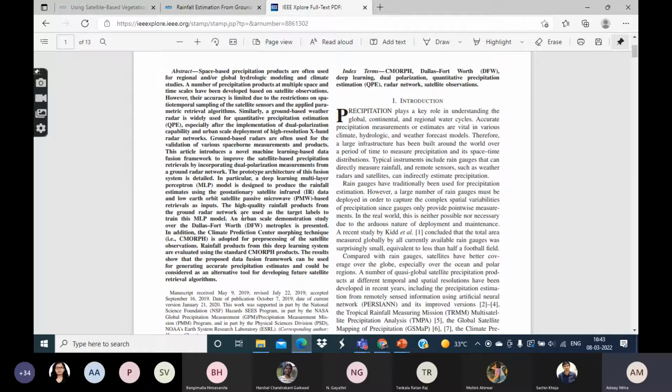So in the previous paper, in case of MLP2, they had used this kind of neural network to map the spaceborne radar estimates to the ground radar estimates. In this case, they are using a similar neural network to map the satellite estimates to the ground radar estimates. Okay. An urban scale demonstration study is done over the Dallas-Fort Worth Metroplex.